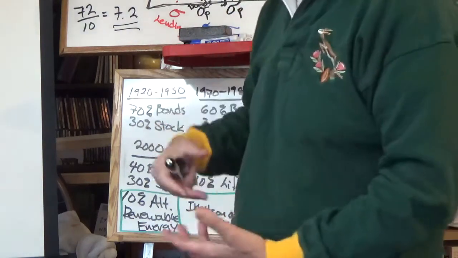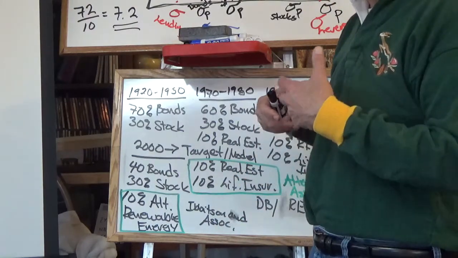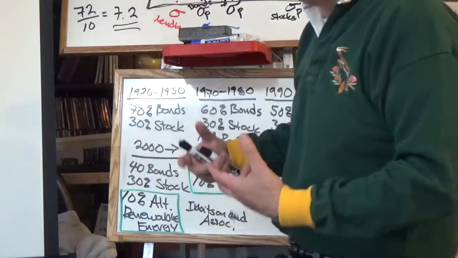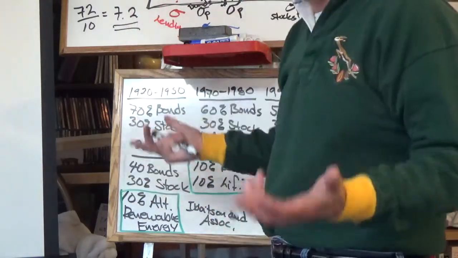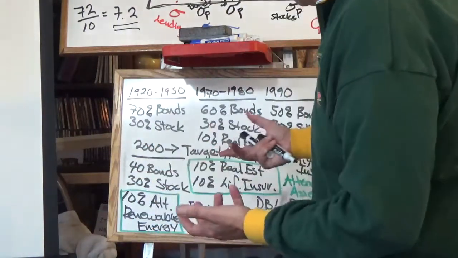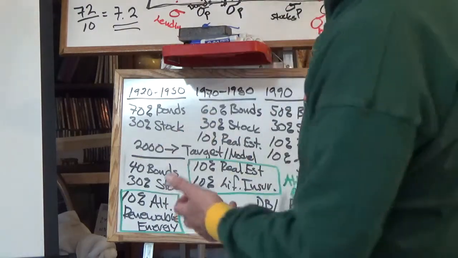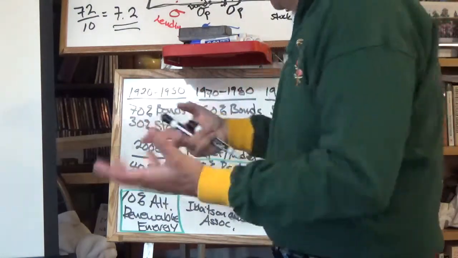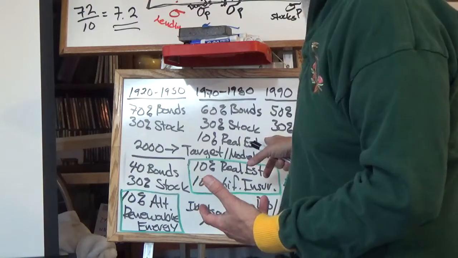But in the 1970s and the 1980s, new real estate capital markets were emerging, with new ways of investing in real estate. We all knew that real estate was a huge asset class, but people couldn't get access to it. So a company called Ibbotson and Associates did research and told investors that you need to have 10% of your portfolio in real estate.